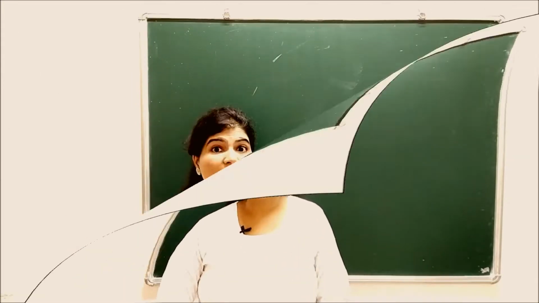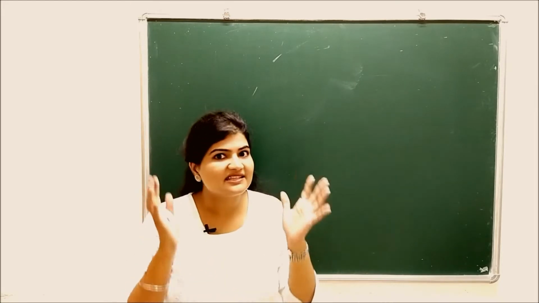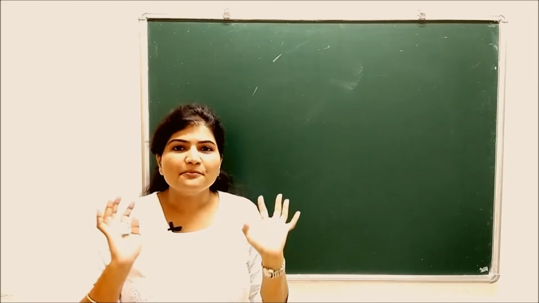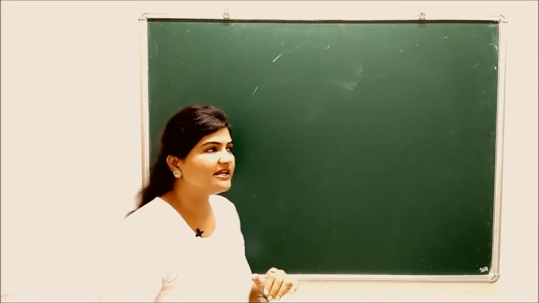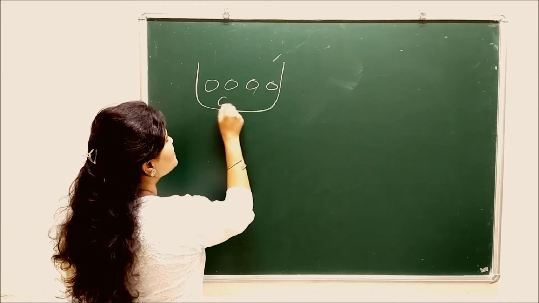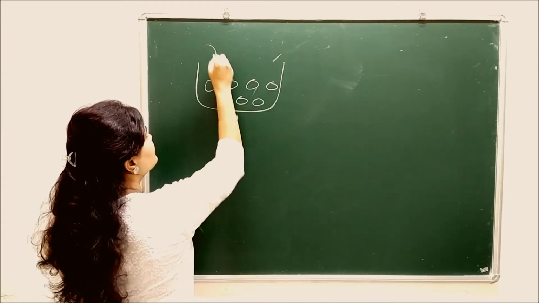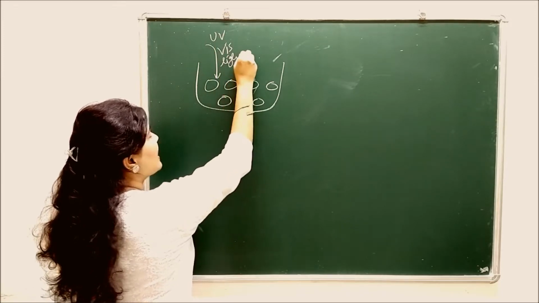Now let's begin. First, you understand how this fluorescence or phosphorescence is created. You know, there are many substances which can absorb UV and visible light. So suppose this is the substance, and it absorbs the UV visible light. Now what happens?